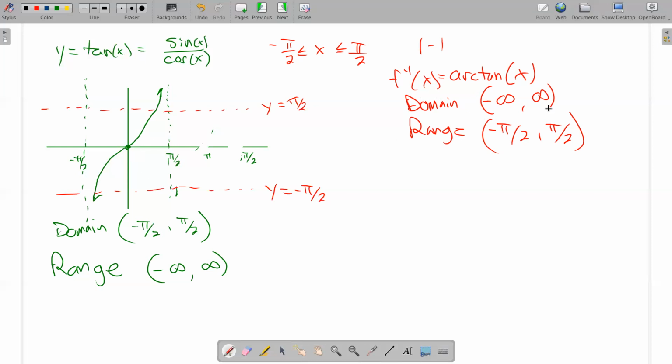Otherwise, the x's go in each direction. So it's 0, 0, we're still going to have that point. And then this function is going to rise up like that to its asymptote, can't cross it, and it's going to drop down to its asymptote on the other side over there. So that's what the inverse tangent, the arc tangent, is going to look like.